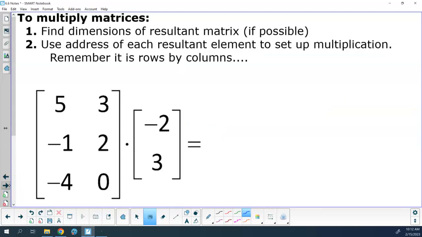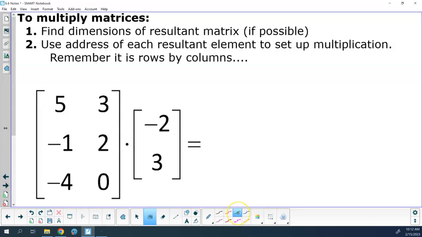All right. So here is how you multiply matrices. So step number 1, you got to see if it works or not. If it doesn't work, you're done with the problem. If it does work, you should find the resultant dimensions. Okay?